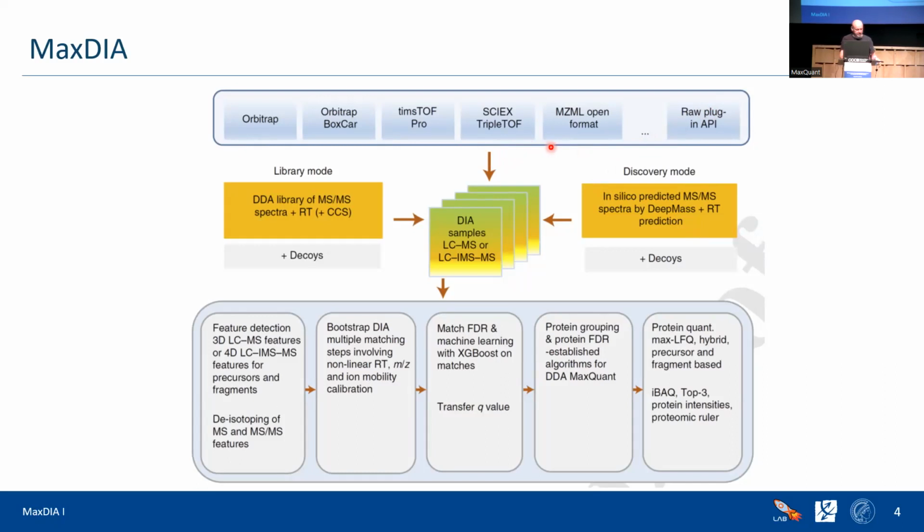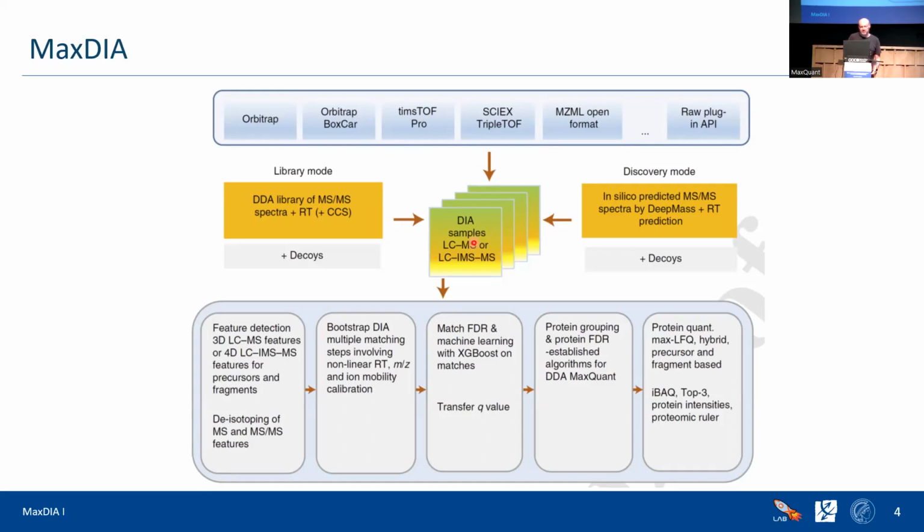The big advantage of having the DIA workflow incorporated in MaxQuant is that we can reuse many of the algorithms that were developed in the DDA context, which are nevertheless applicable in many cases one-to-one to DIA data as well. In some cases, adaptations are needed, but a lot of concepts can still be reused.